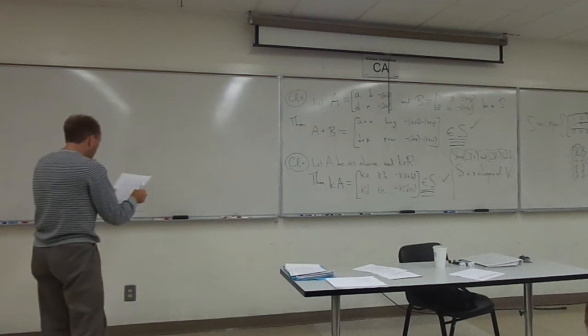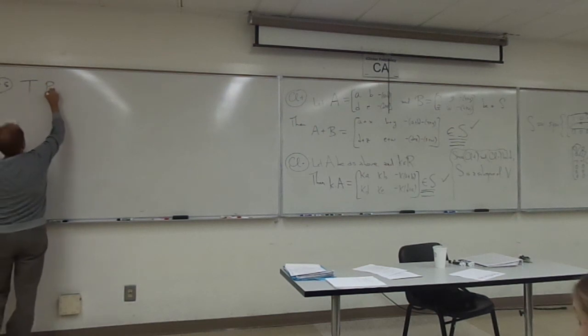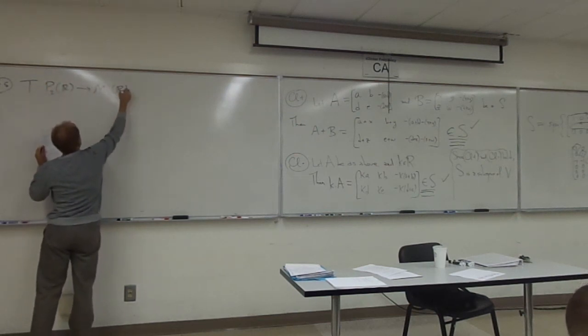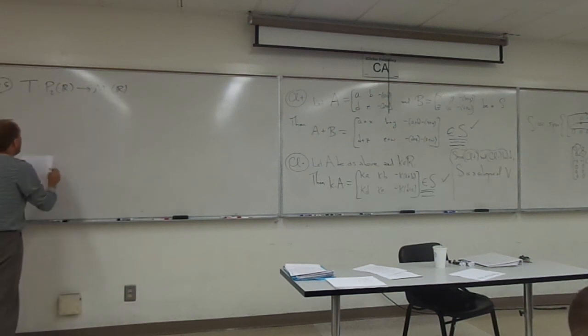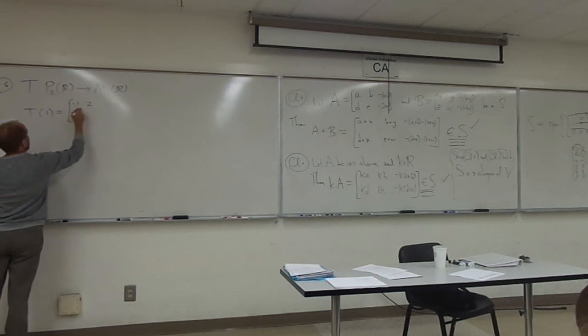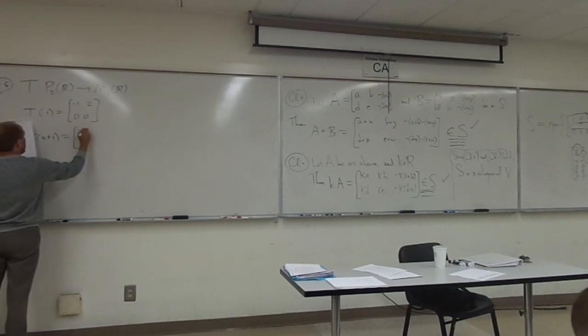This is a good problem. Number 5. I have a linear transformation from P2 of R to M2 of R. And T of 1 is the matrix -1, 2, 0, 0. And T of x plus 1 is the matrix -3, 0, 2, 1.